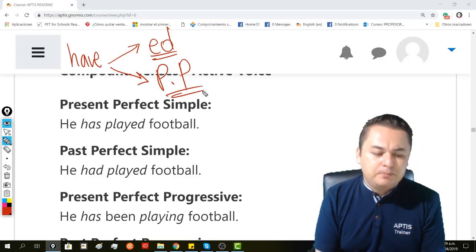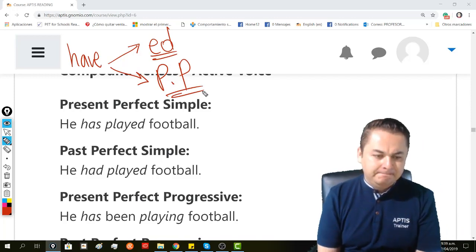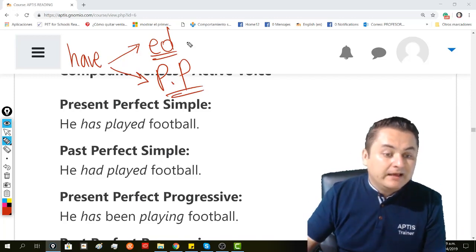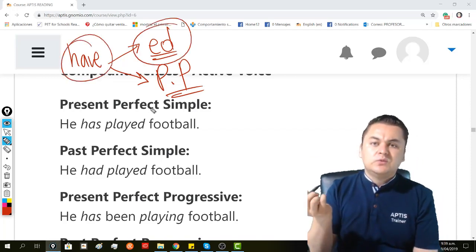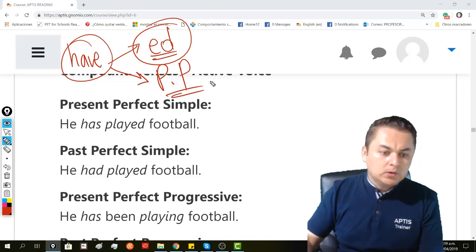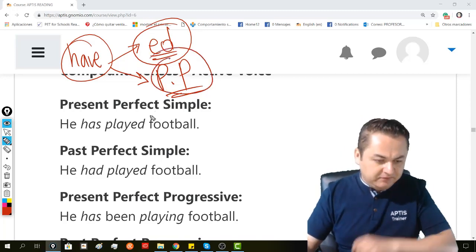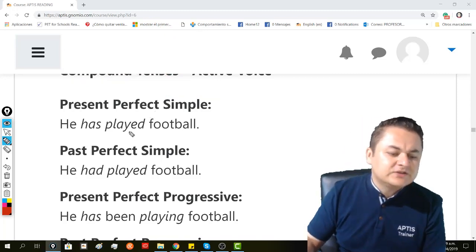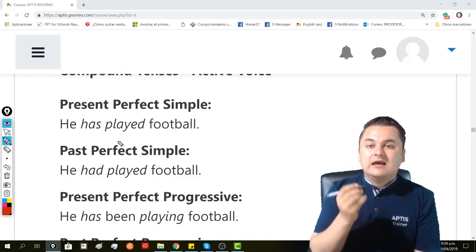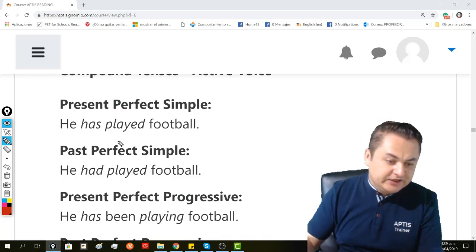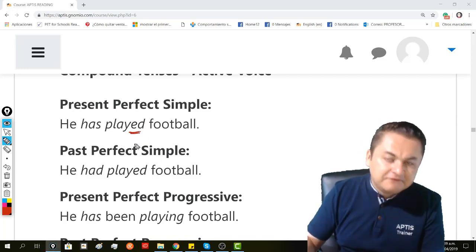What that means is that have is going to be used with an ed verb or with a past participle form. In this case, it is past participle if the verb is irregular. In this case, he has played football.